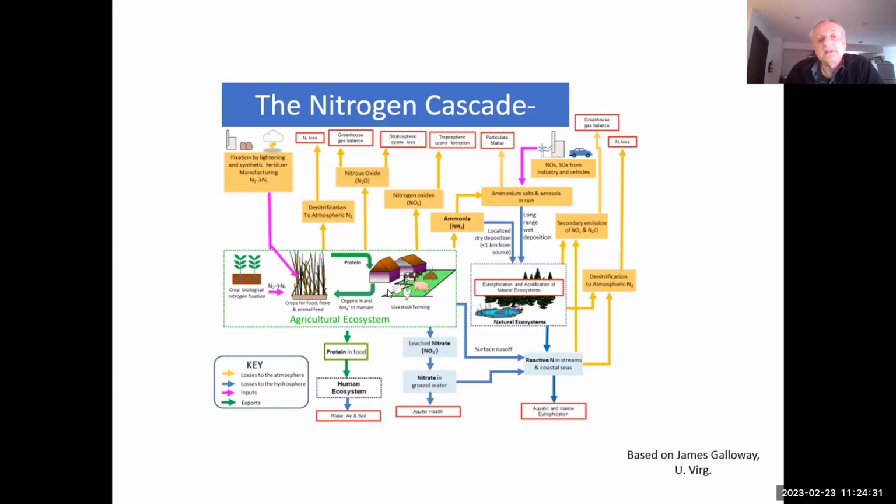But in addition to that, we get losses to the atmosphere, and we get losses to water. And those are the atmospheric losses, these yellow arrows, and they're everything from N2 gas to nitrous oxide that we'll be talking about more, and even nitric oxide. And a big one is ammonia, which is the one here.